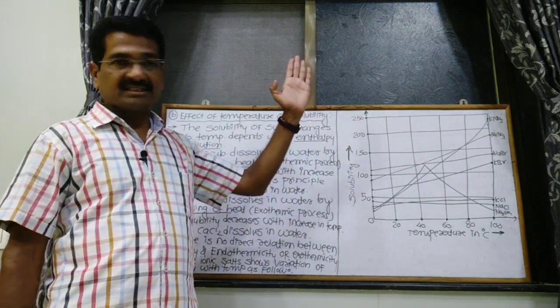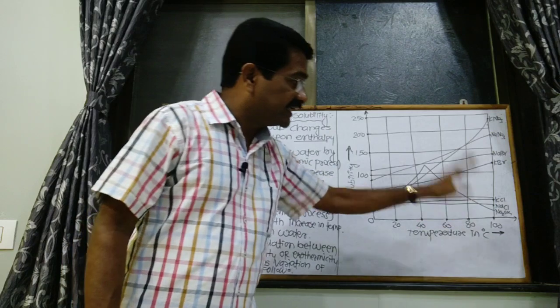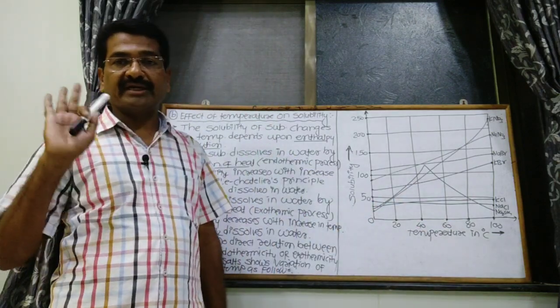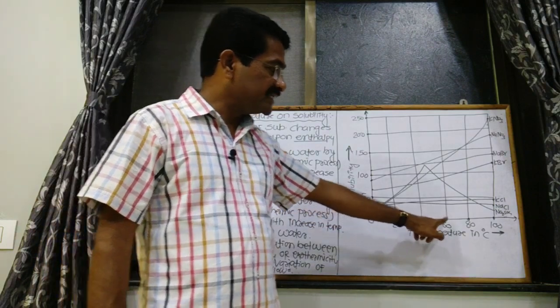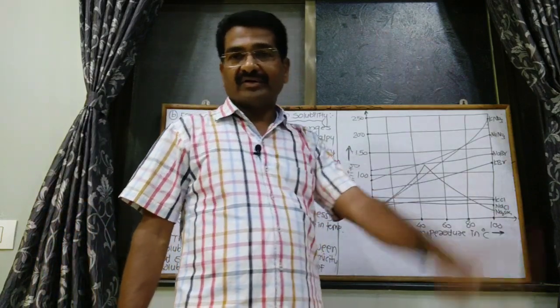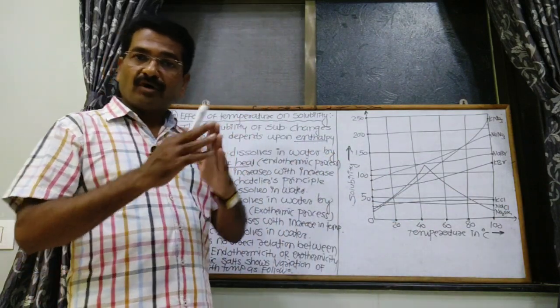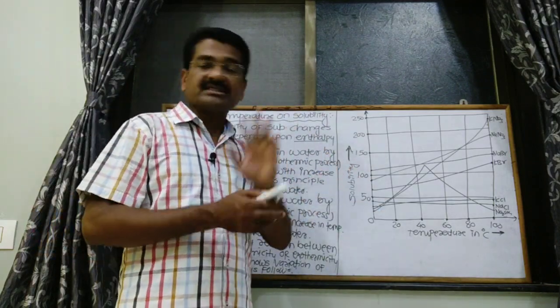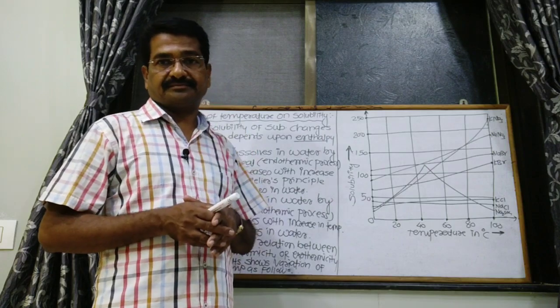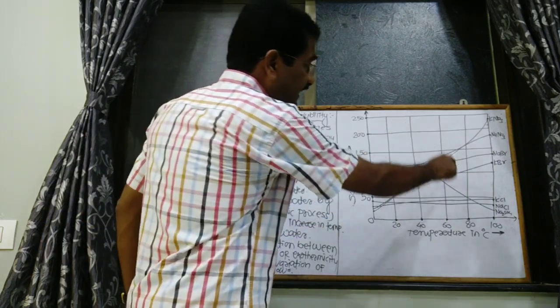And this axis indicates the temperature in degrees Celsius, not in Kelvin: 0 degrees Celsius, 20, 40, 60, 80 or 100. So how do we form the graph of solubility versus temperature? What do these graphs indicate?